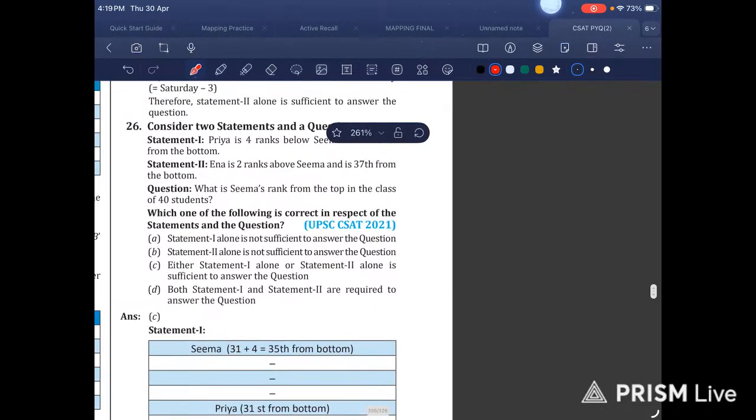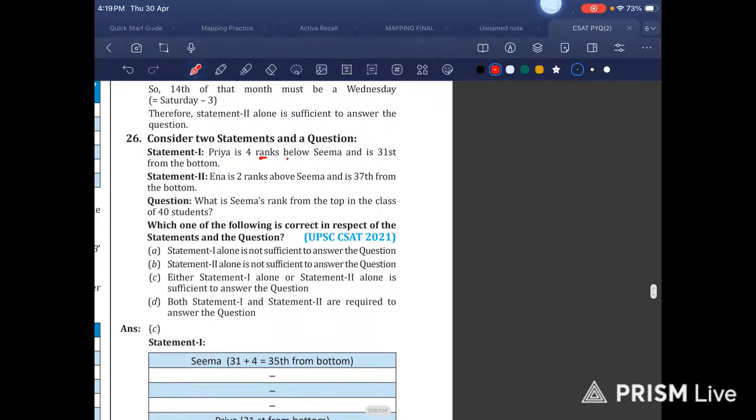Now let us move to this. Priya is 4 ranks below Seema and is 31st from the bottom.